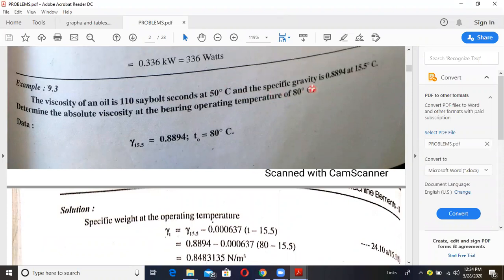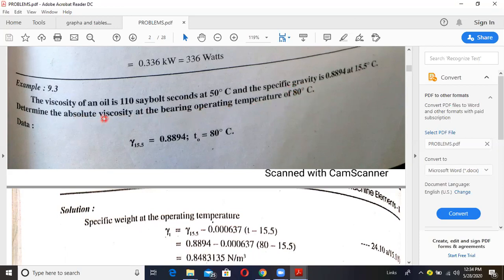And the specific gravity is 0.8894 at 15.5 degrees Celsius. Determine the absolute viscosity at the bearing operating temperature of 80 degrees Celsius. At this 80 degrees Celsius, we are going to calculate the absolute viscosity eta.